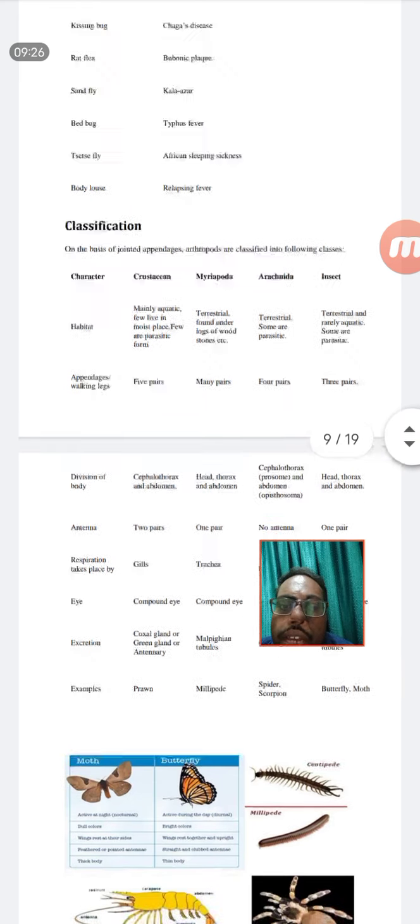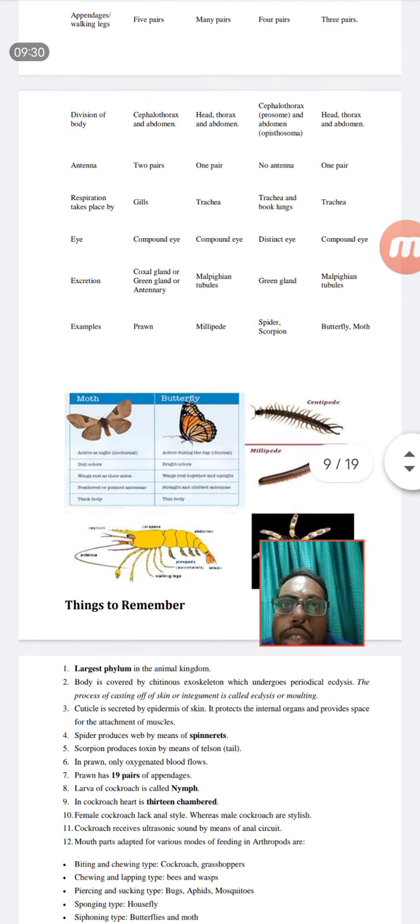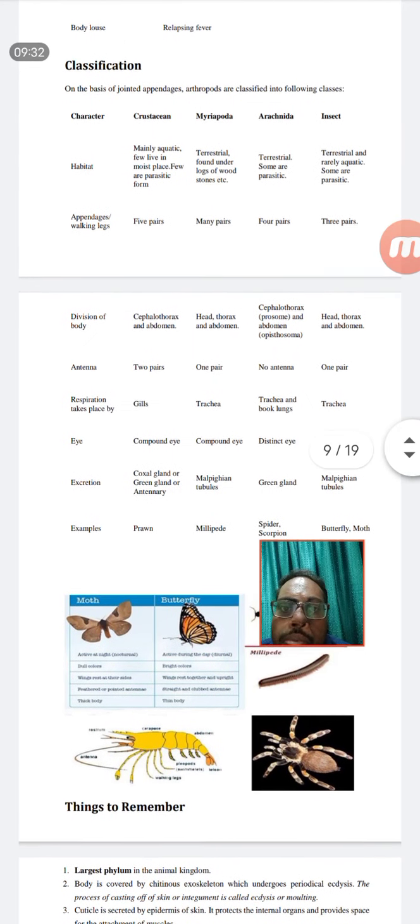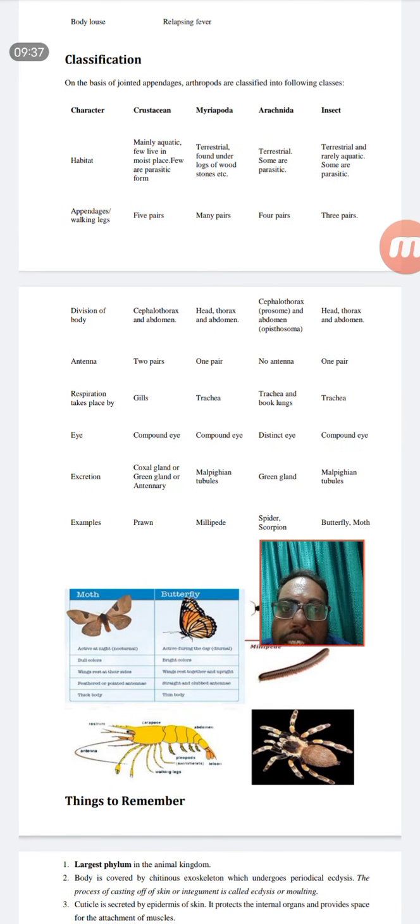As for the other classification, as I said, you don't need to study it deeply, just go through it, because some good questions are asked. For example, crustaceans, meaning prawns, etc., are coming there. What is the excretory organ in prawns? They are called green glands, anterior, coxal gland.